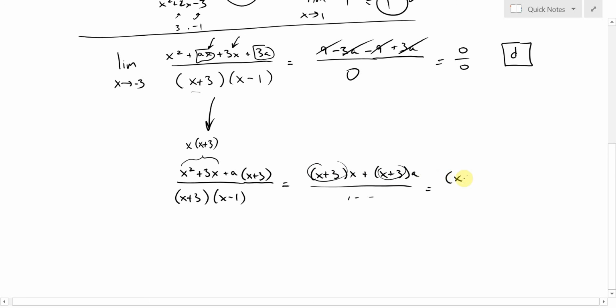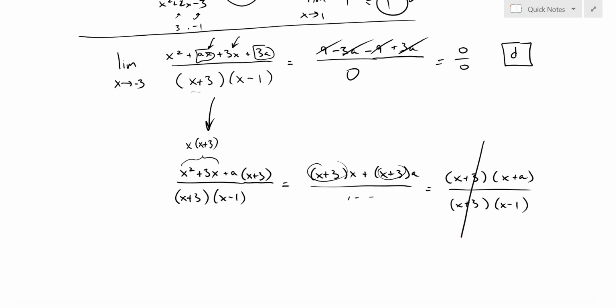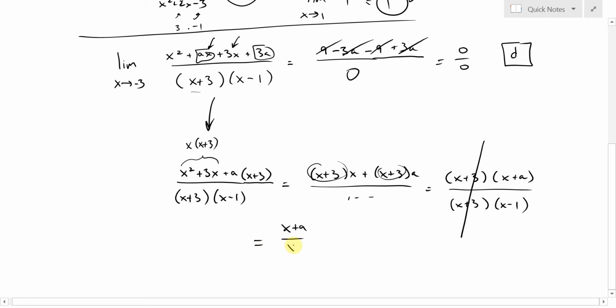That's x plus 3 times x plus a, isn't it? Divided by x plus 3 times x minus 1. And look at what happens. They cancel. And we're just left with x plus a over x minus 1.